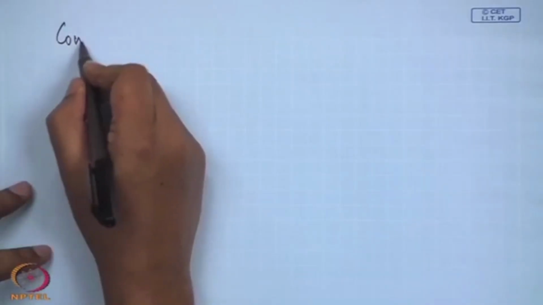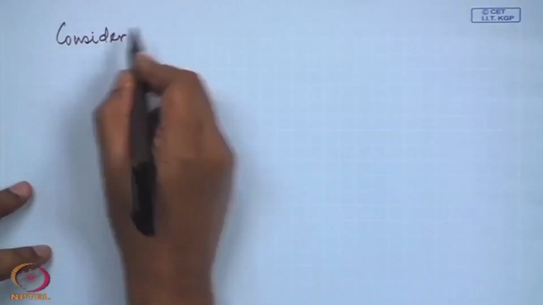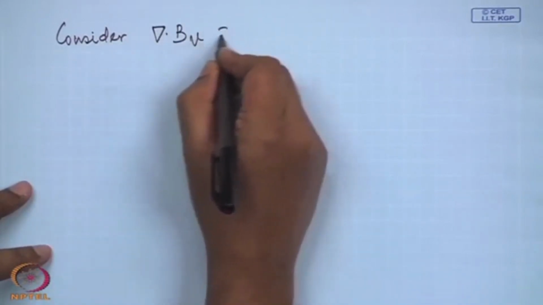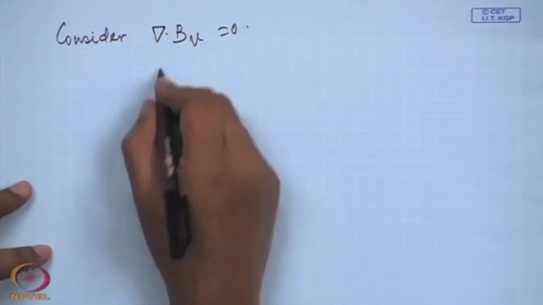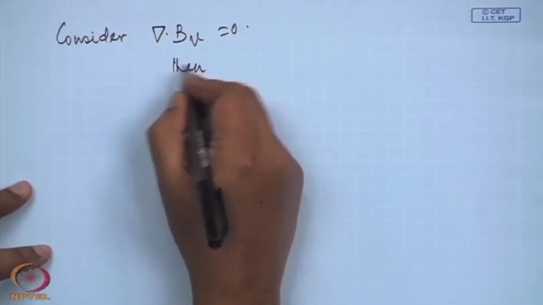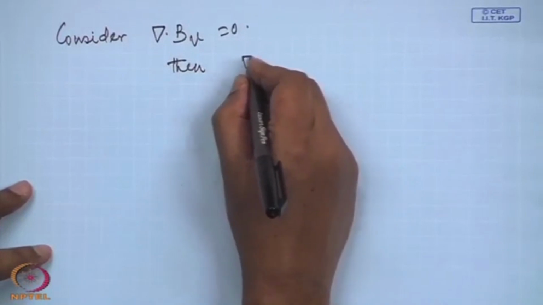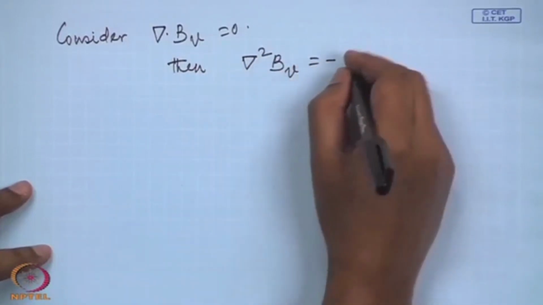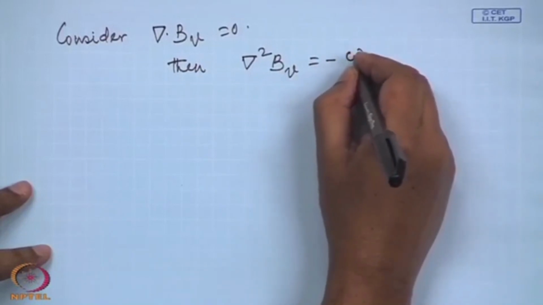Then the equation will be simplified as before, and we have again the same equation: Laplacian of B is minus omega.